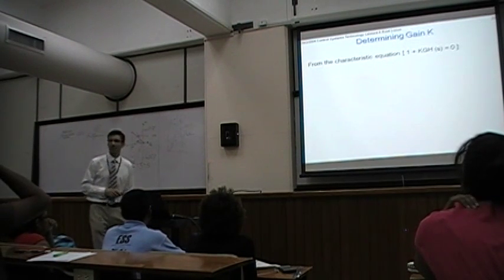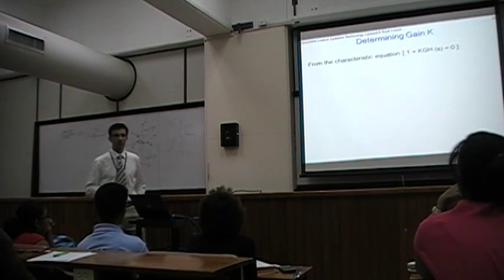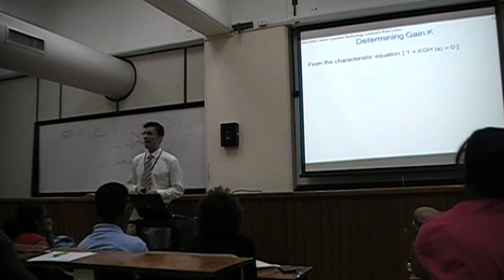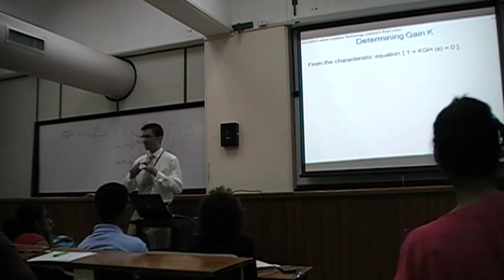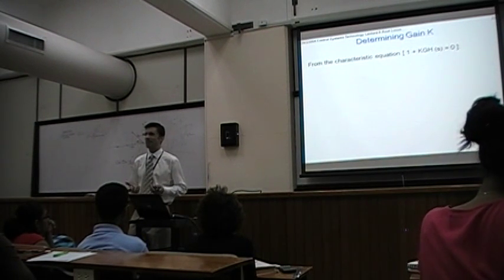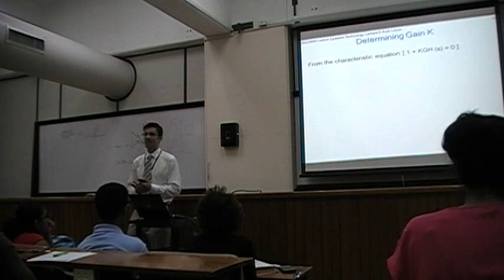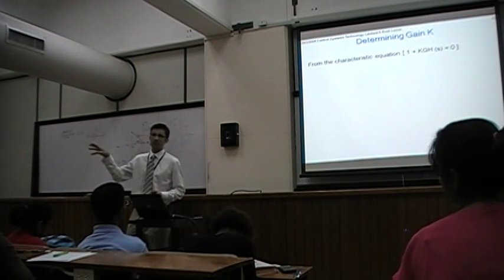Alright, so next step. Say we've got a system, we've plotted the root locus, and you might have in your specification that this system needs to have a damping ratio of 0.6, because that gives you the kind of response we're looking for from the system.